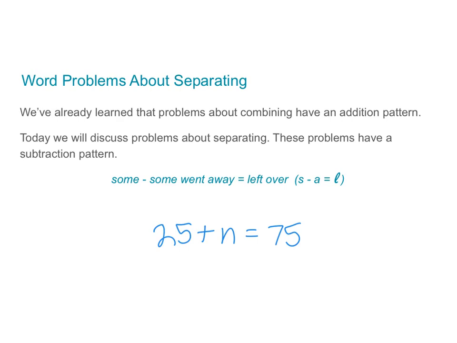No. Okay, you're actually using subtraction. It's called the inverse operation. So if now we are creating word problems about separating, I'm going to have some amount minus some more that went away, and what I have as my answer is what is left over. Okay?